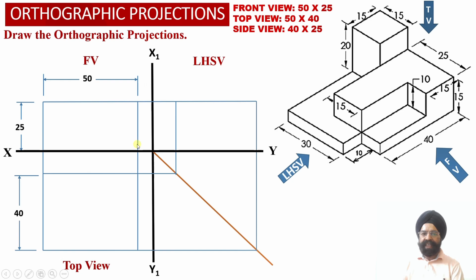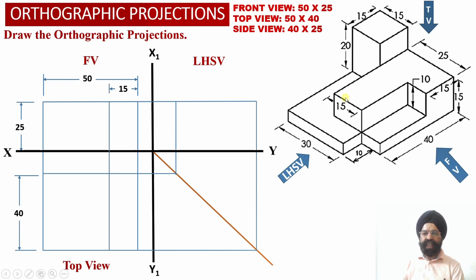So from the right hand side face of the solid, now we have measured a distance of 15 millimeter and we have obtained a vertical projector line into the front view projections, and this vertical projector line has been appropriately extended into the top view projections as well.